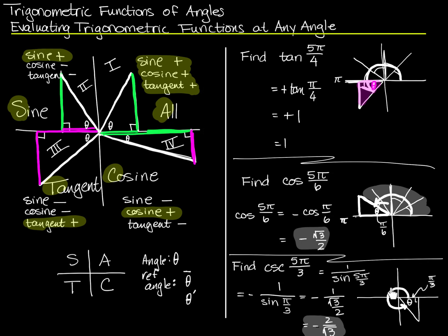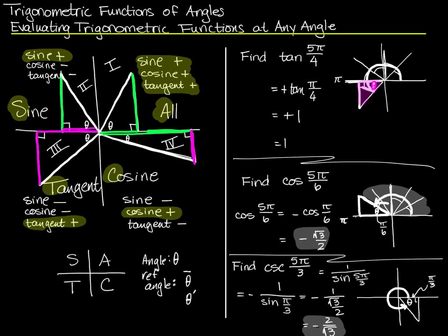This big angle here is my real angle of interest, and that theta is just a convenient label, right? So again, it doesn't matter how you label these things, as long as you're clear and consistent. I've done it this way. Your textbook uses a slightly different name for the reference angle. That's fine. They're consistent in their use of that. Use whichever of those is convenient and makes sense to you.